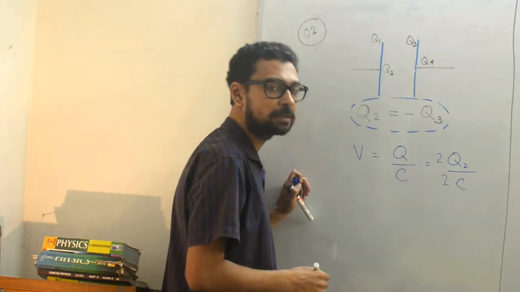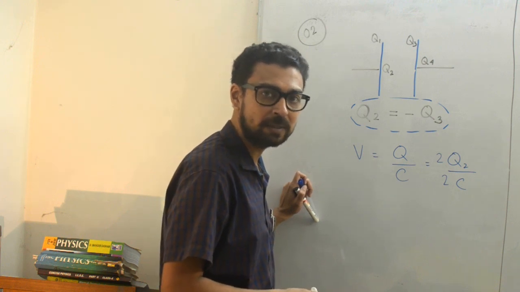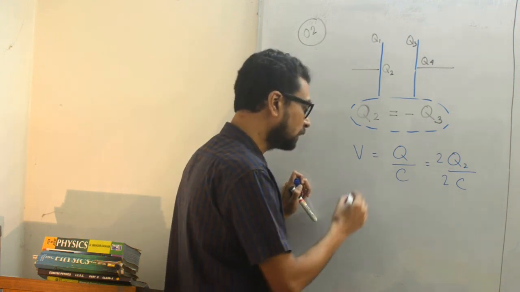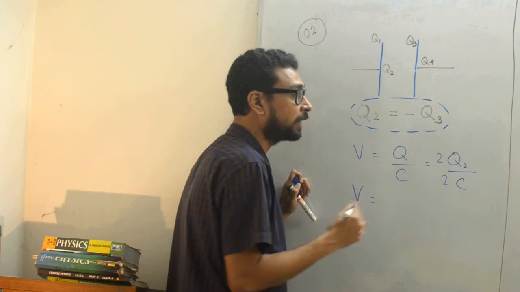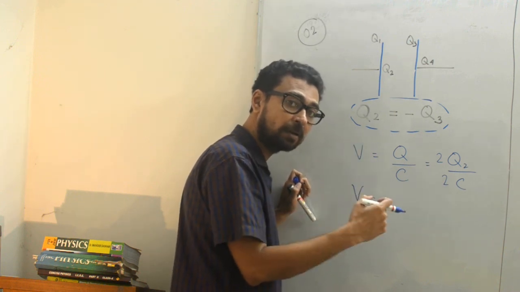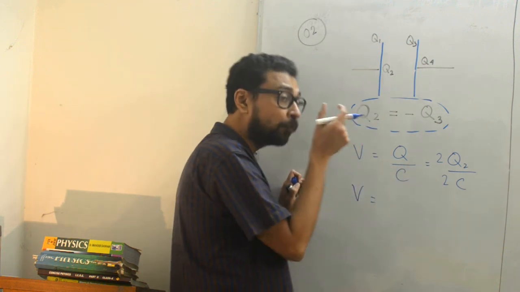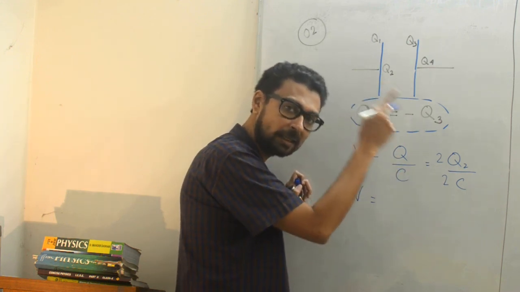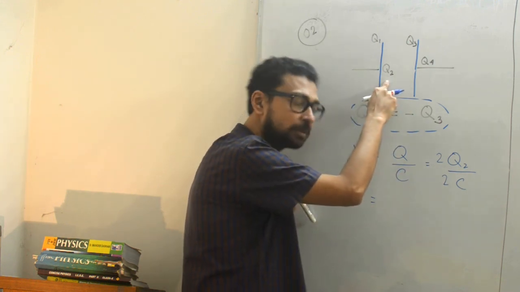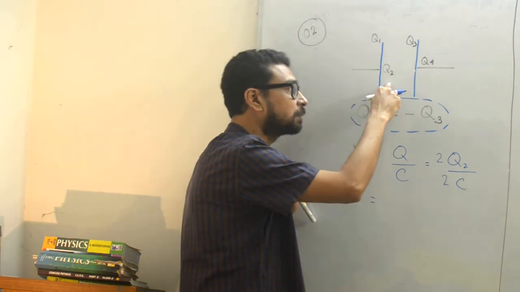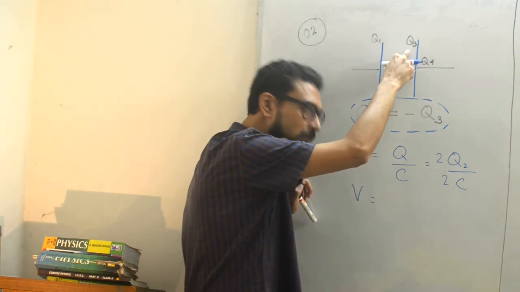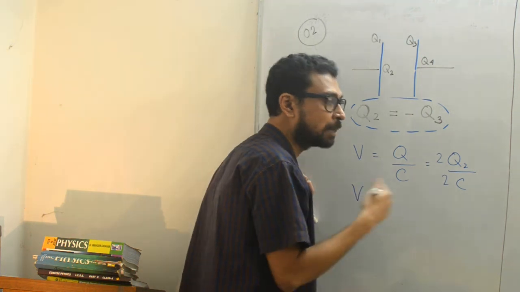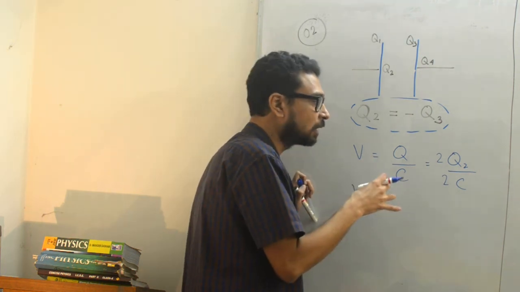We will multiply 2 both in the numerator as well as in the denominator. Why? Because this will help us find the expression involving the exact charges within the inner plates of the capacitor, which are Q2 and Q3. Not only Q2 is the inner plate charge, the Q3 is also the inner plate charge, and we have to somehow formulate them into a single expression.